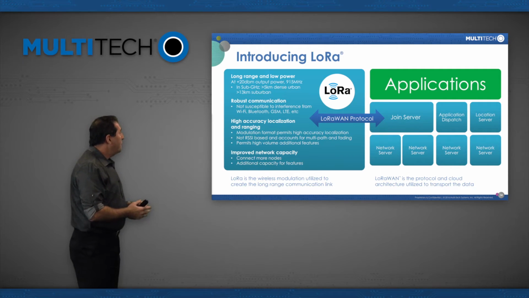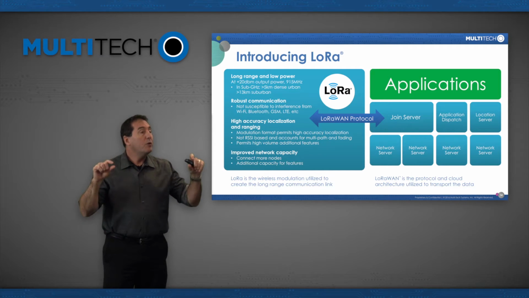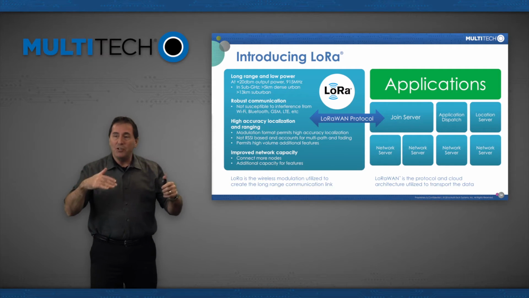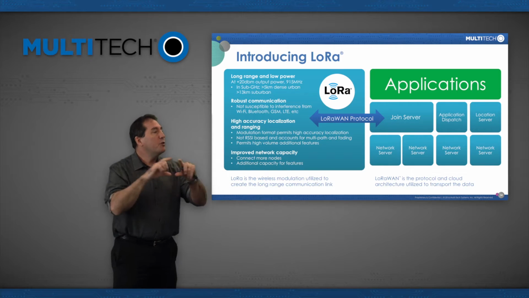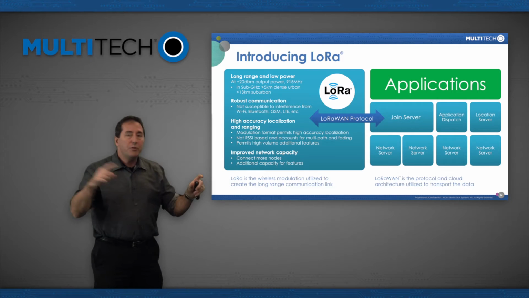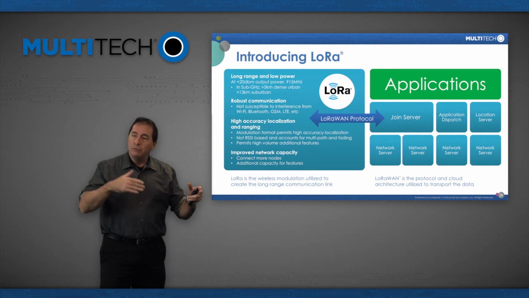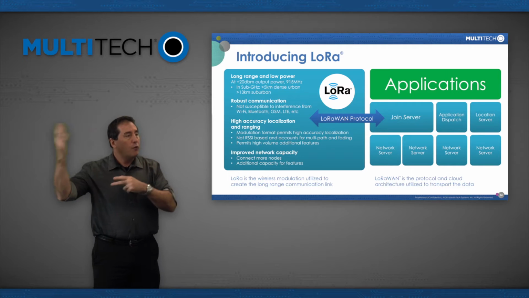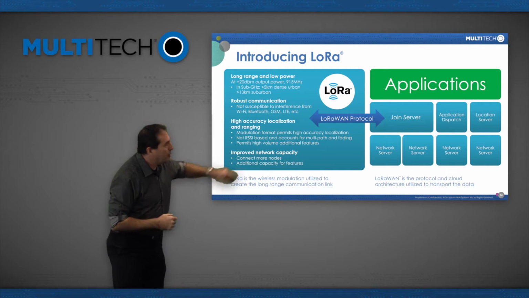On top of that, we've created at the LoRa Alliance a thing called the LoRaWAN protocol. And what it does is it takes this radio and it allows you to structure information or data to be sent and received and to manage that communications channel from a network device. And that's what's called the network server.